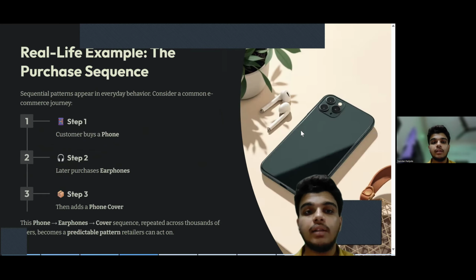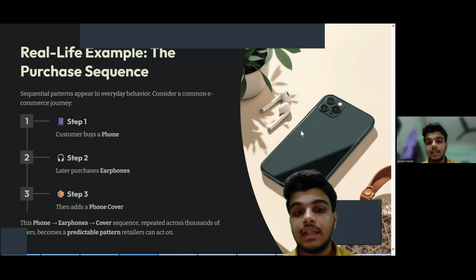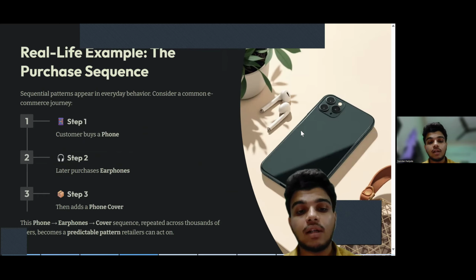So let's understand this with a simple and relatable real life example. Suppose a customer visits an online store on day one and buys a phone. After a few days, they purchase earphones. Later, they buy a phone cover. So the sequence becomes phone to earphones to cover.